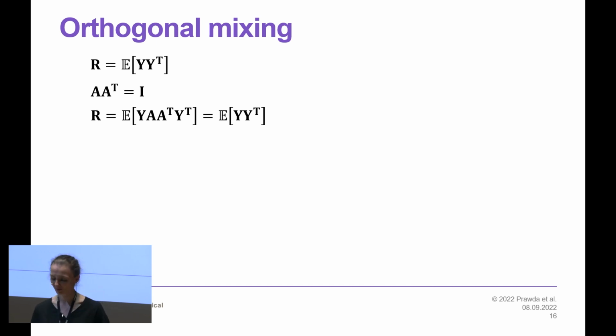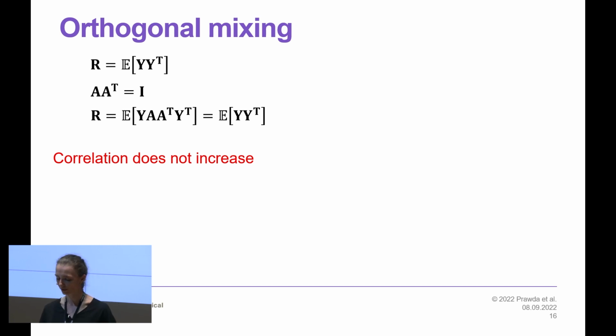So what does it mean for us in this case? It means that the correlation after this multiplication with orthogonal matrix will not increase for our IVN permutations.